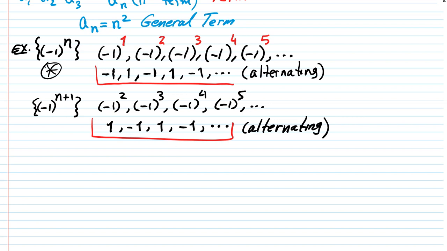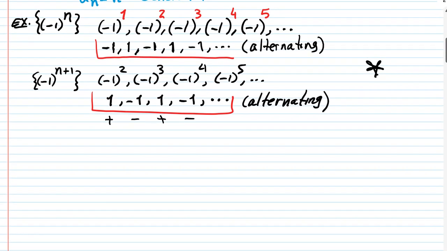But if the alternation in sign starts with a positive 1 and then goes through a cycle of plus, minus, plus, minus like that, then I know that it has to be negative 1 to the n plus 1. Again, this is very important, folks, because a lot of times we get sequences that are alternating.